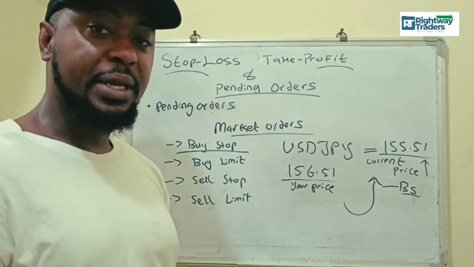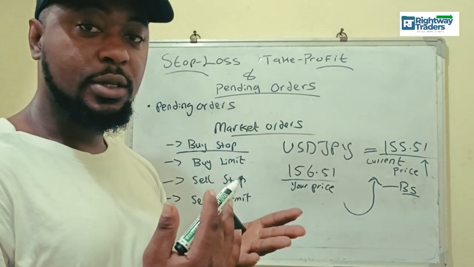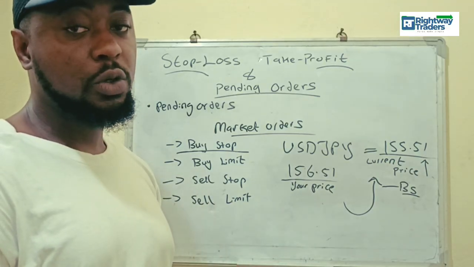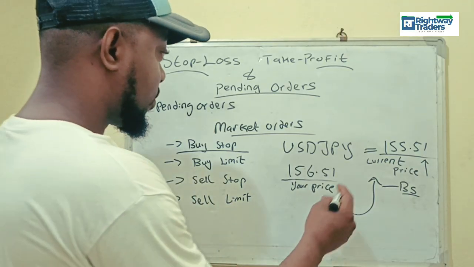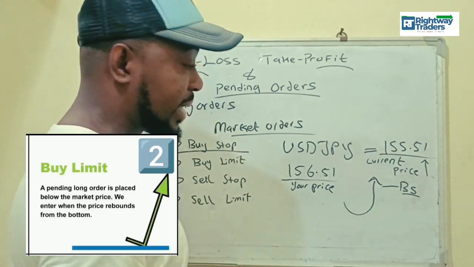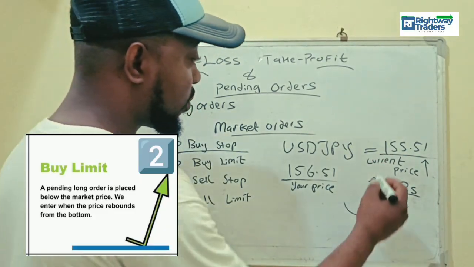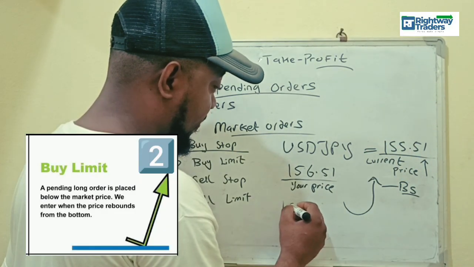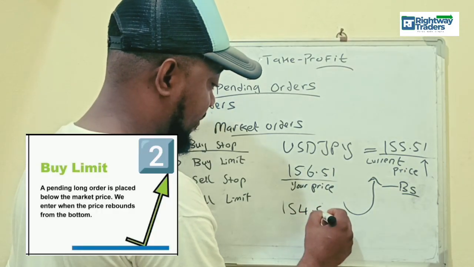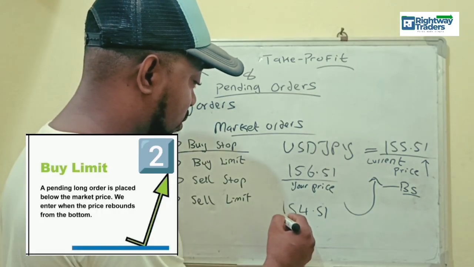Now, what is buy limit? Buy limit is the lower price you want to buy. So let's say this is still the current price, but your strategy said you should buy at 154.51. So this is going to be your price.